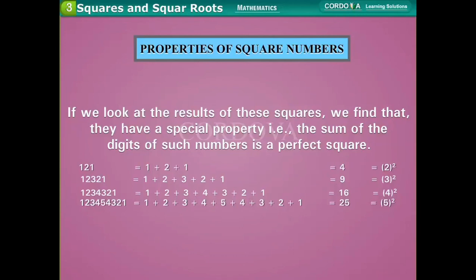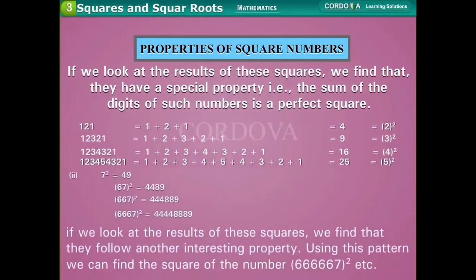That is, the sum of the digits of such numbers is a perfect square. 1, 2, 1 is equal to 1 plus 2 plus 1, which is equal to 4, which is equal to 2 squared. 1, 2, 3, 4, 5, 4, 3, 2, 1 is equal to 1 plus 2 plus 3 plus 4 plus 5 plus 4 plus 3 plus 2 plus 1, which is equal to 25, which is equal to 5 squared.